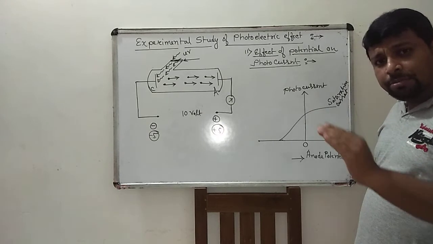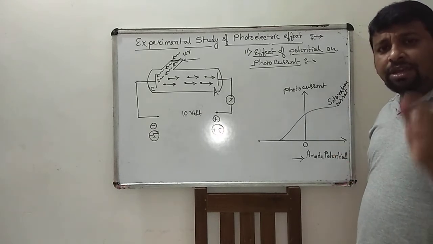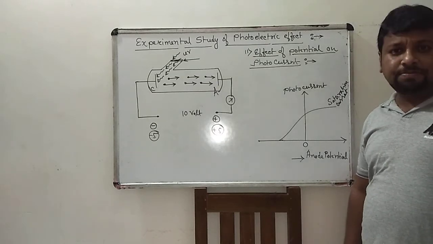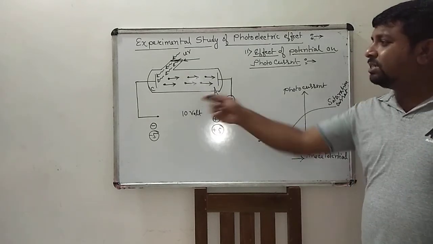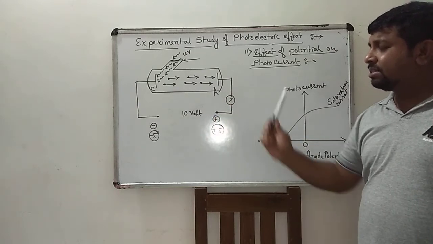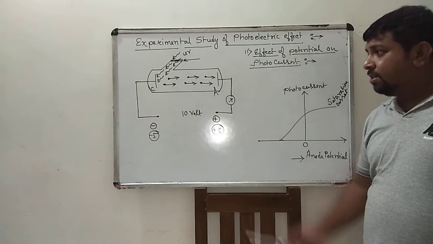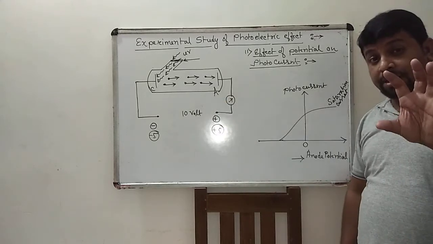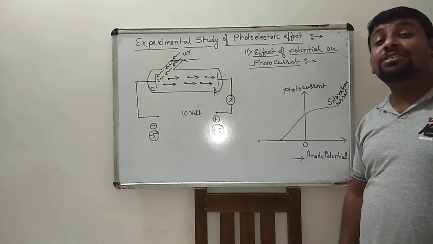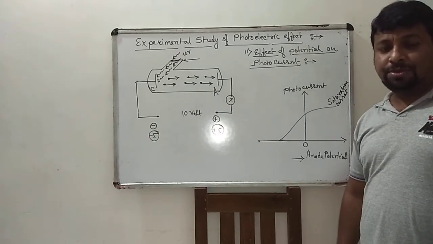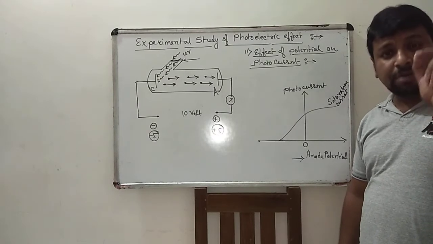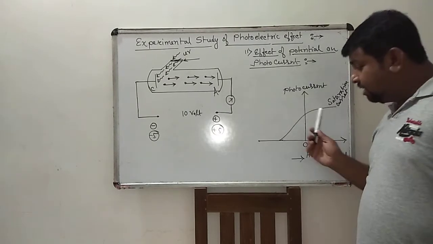When the cathode potential and anode potential become equal, the potential difference between them is 0, and then the current flowing through the circuit becomes 0.